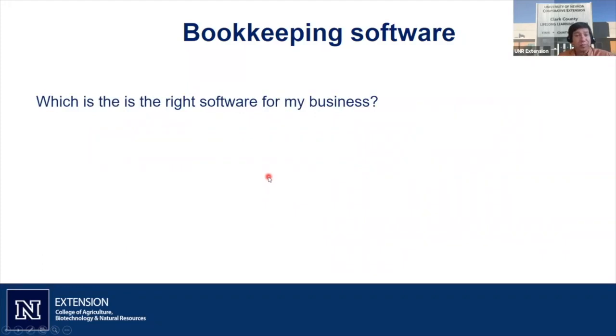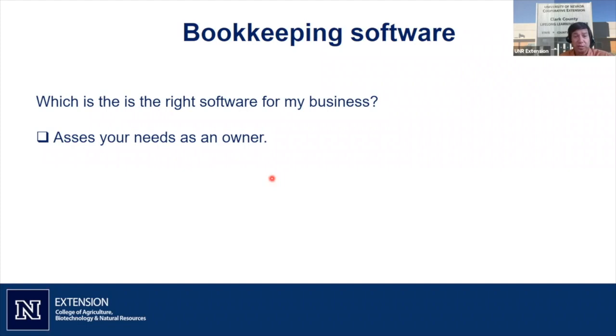Because a lot of people ask, which is the right software for my business? It has to depend on your needs. The software can track inventories, accounts payable, invoices, a lot of things. But it really depends on what you need.